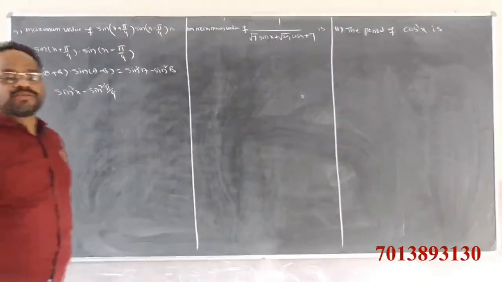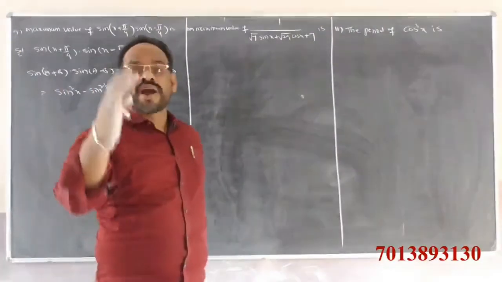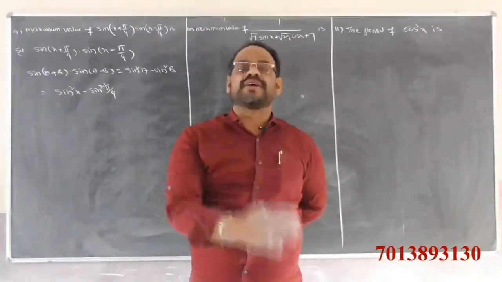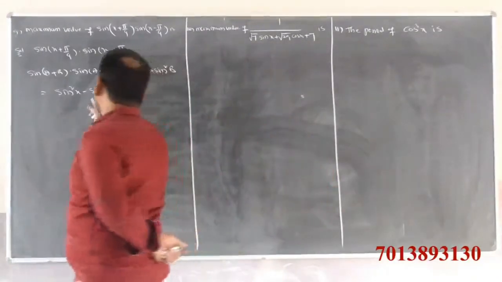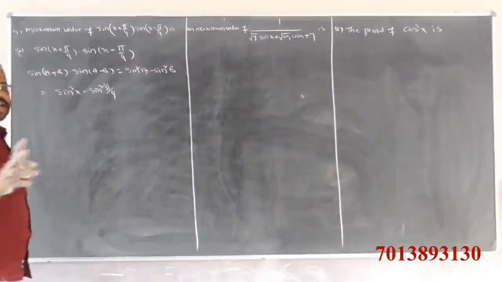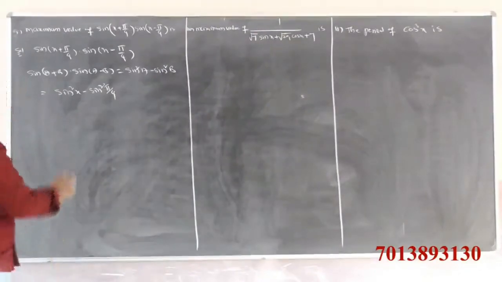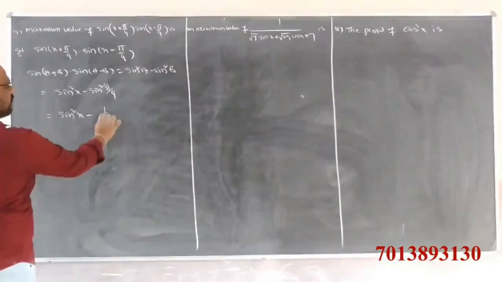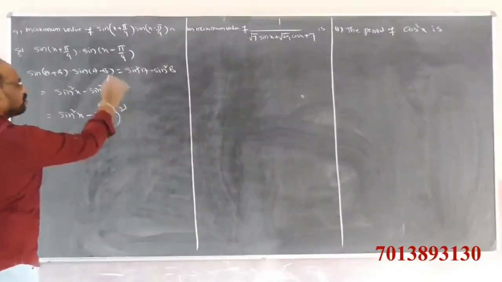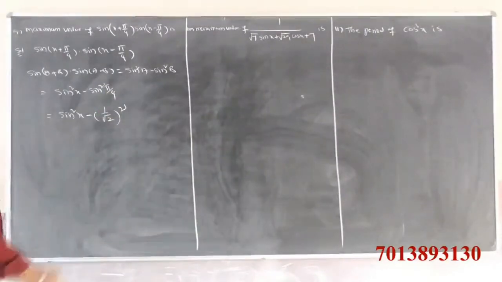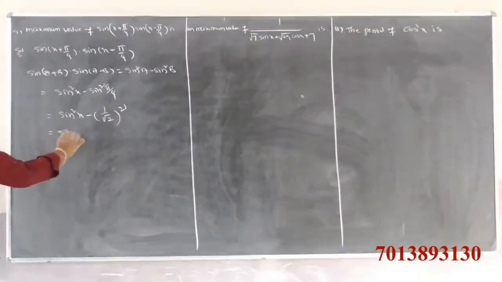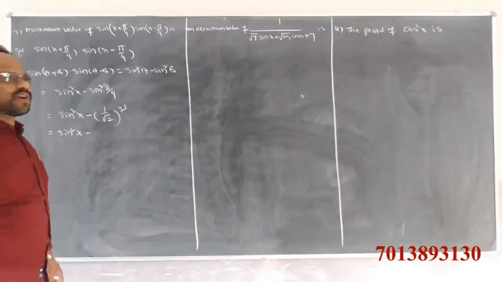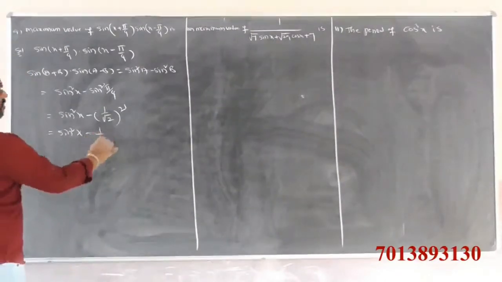Pi by 4 means 180 by 4, which is 45 degrees. What is the value of sin 45? Clearly sin 45 is 1 by square root of 2. So that is equal to sin square x minus 1 by square root of 2 whole square. 1 by square root of 2 whole square is clearly 1 by 2.